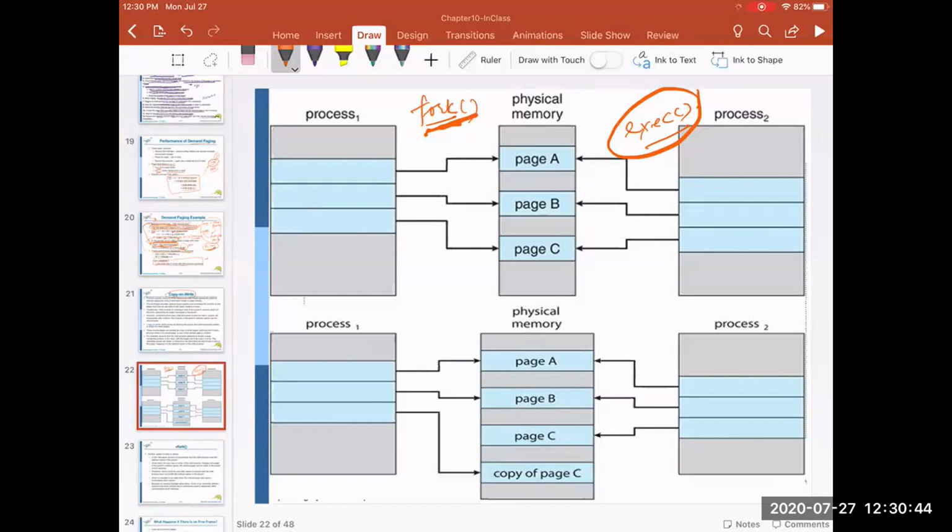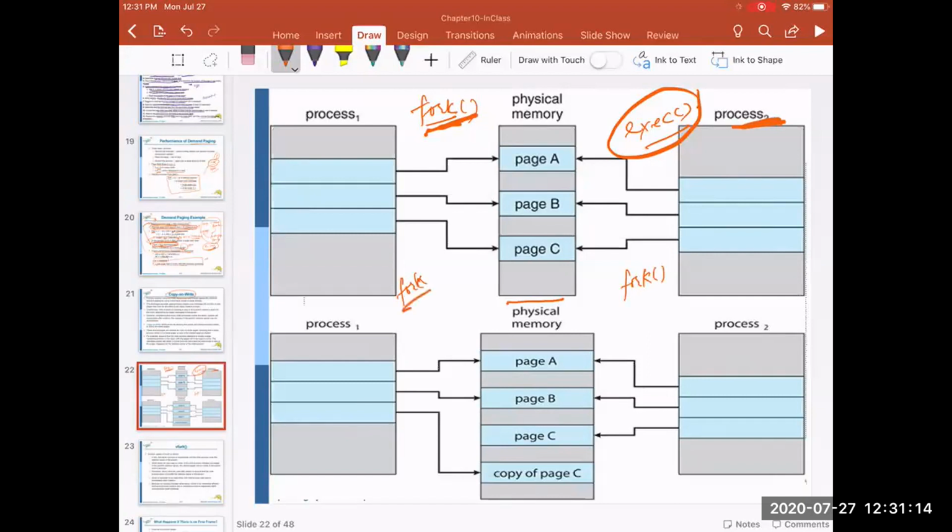Now the demand paging or virtual memory concept allows us to share the pages. Am I right or not? Virtual memory allows sharing of pages between two processes. Now, let us suppose this runs a fork and creates process 2.